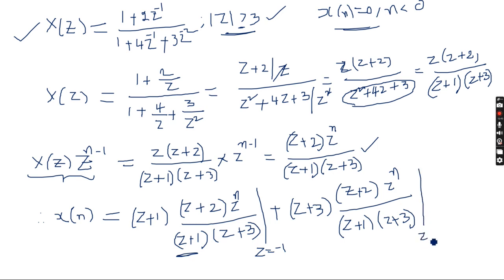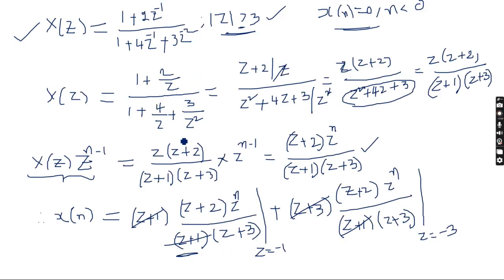So z equal to minus 3. Now simplify that. First, z plus 1 is cancelled, and z plus 3 is cancelled. You substitute z equal to minus 1 in this, and z equal to minus 3 here.